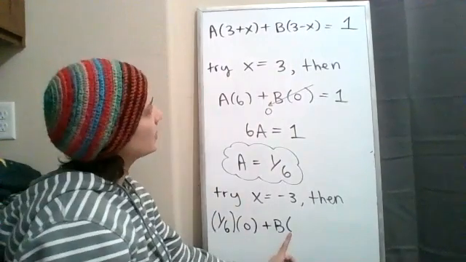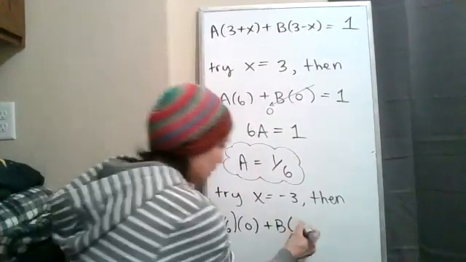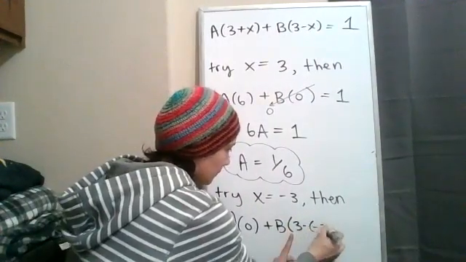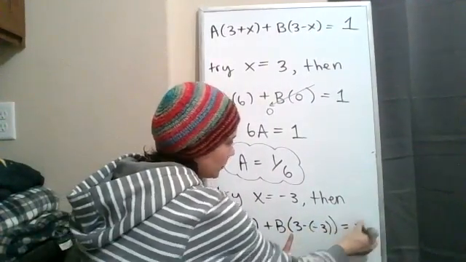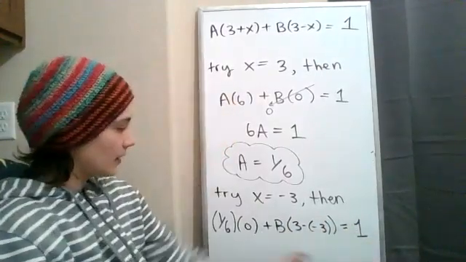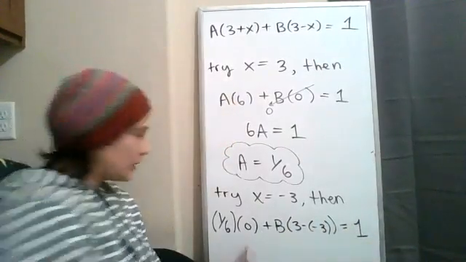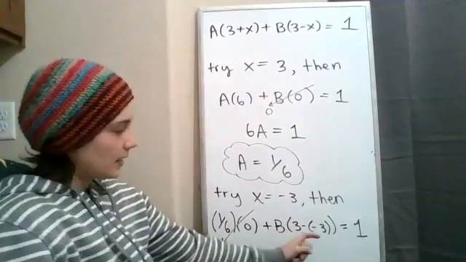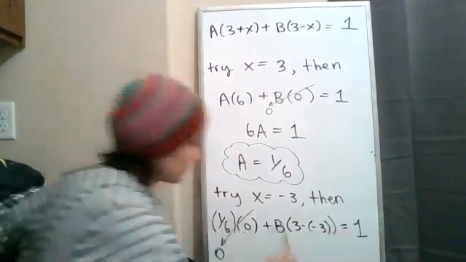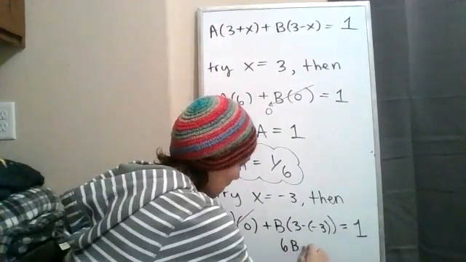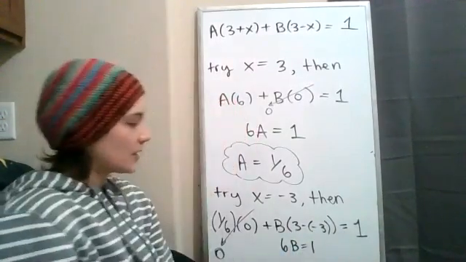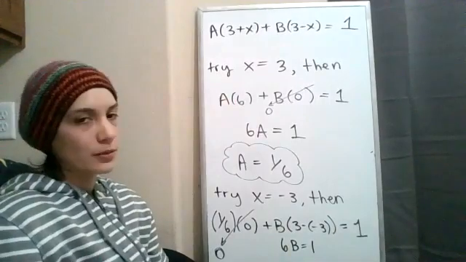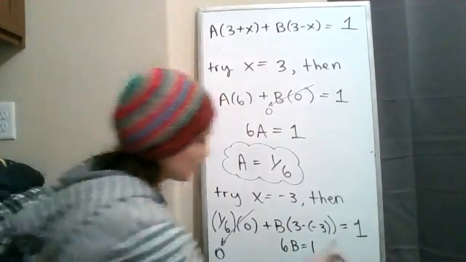Okay, b times 3 minus -3 equal to 1. So again, that's 0. 6b equal to 1. So b is also equal to 1/6.